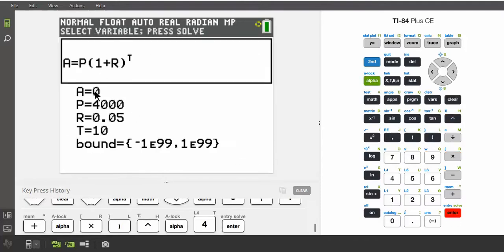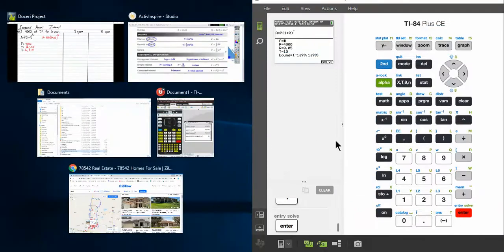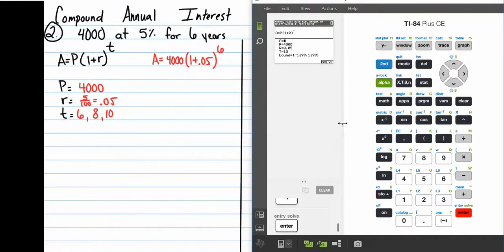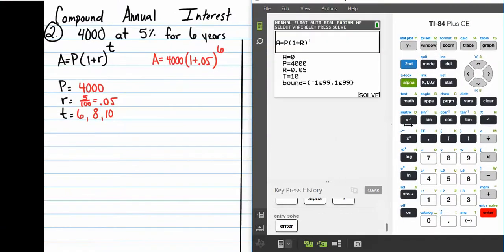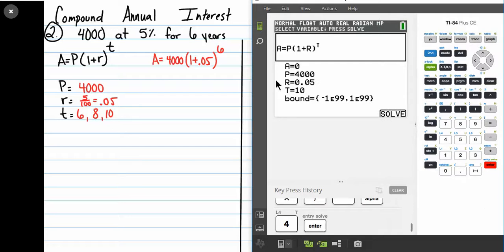Now, since I didn't reset, I have my same numbers there. Otherwise, if it was a different example, I would want to double check that the P is the same, the R, and then I'm going to do 6 first. So let's change that 10 to a 6. And how much do I get?